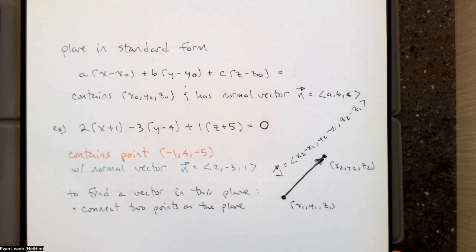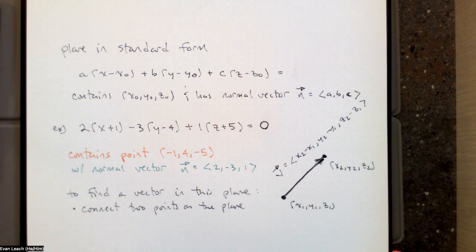Finding points on the plane, we can choose an x and a y and figure out what z has to be on that plane. Because we know that a plane will be everywhere in R3. So for any 2 coordinates, we will be able to find a third coordinate.